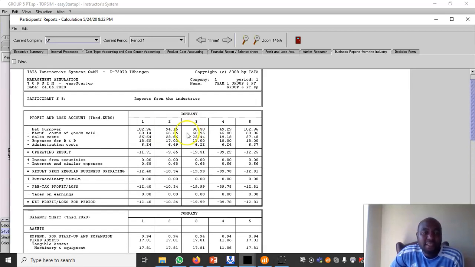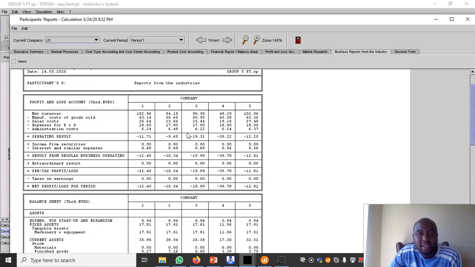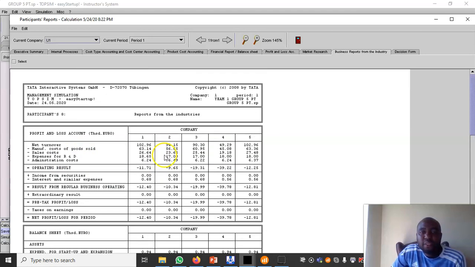This is just a summary of what happened in the industry, the profits and losses of all the teams, all their expenses, and how much they invested in expenses like R&D. It's just an industry report as well.